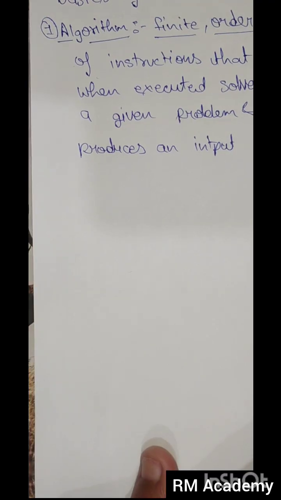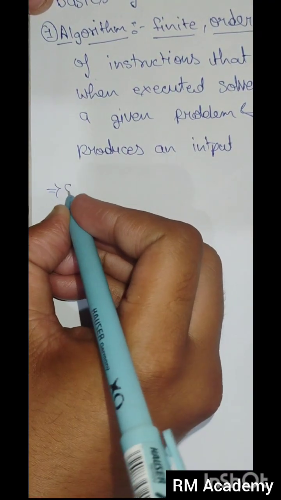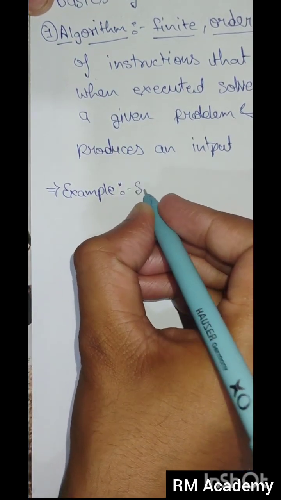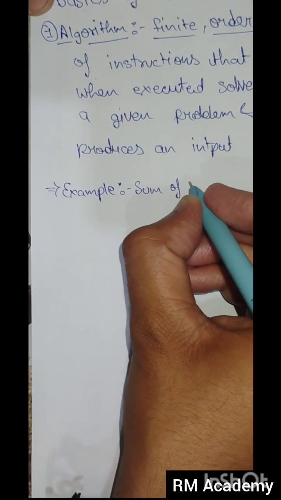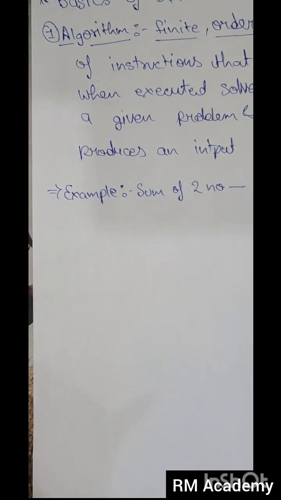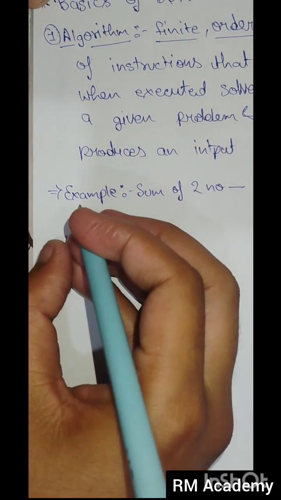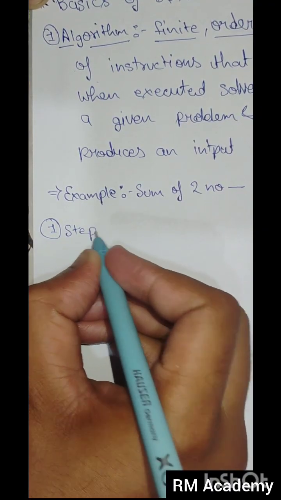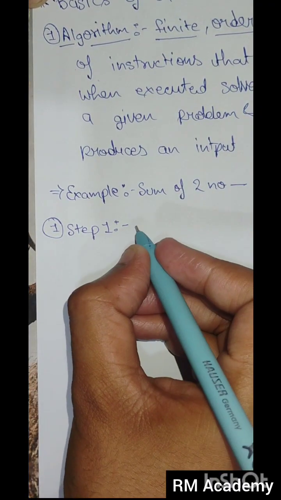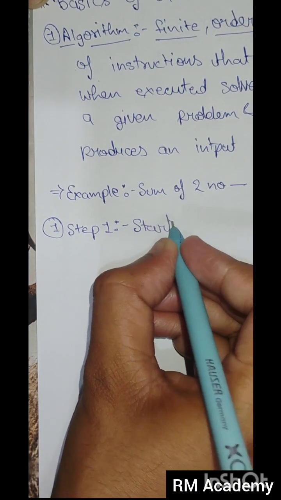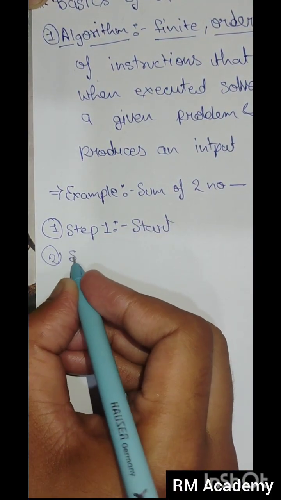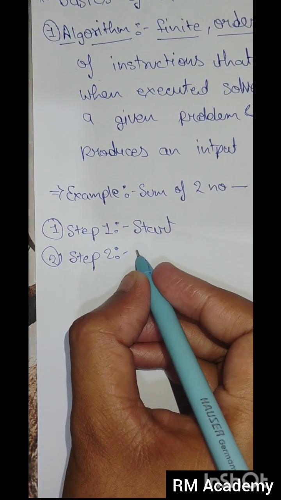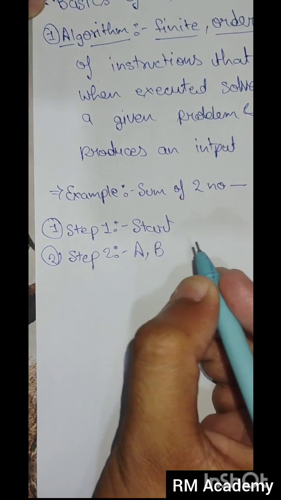Okay. So next we'll take an example, sum of two numbers. So here I will tell you how we write an algorithm. So we'll write like that: first, step one, here we will start. After that, step two, we have to take two variables a, b.